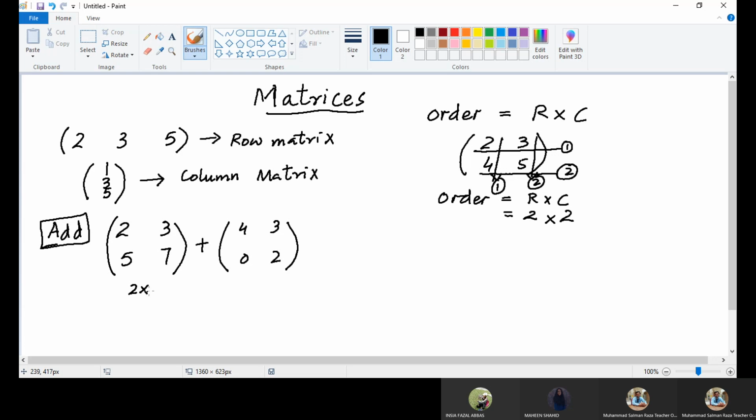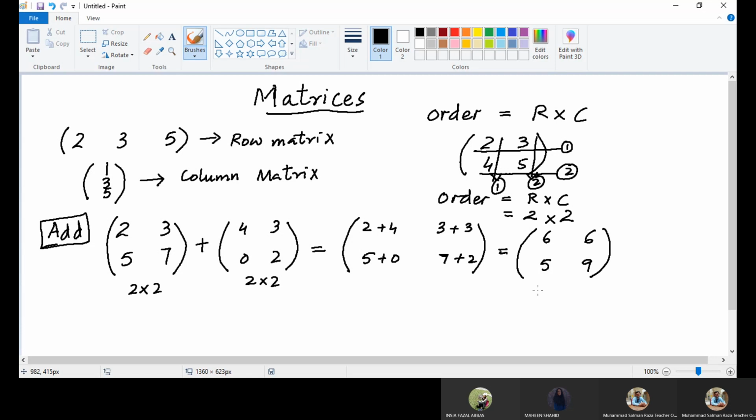Over here, we can see a 2 by 2 matrix, and over here, we can see a 2 by 2 matrix. Then we can add. Otherwise, we cannot add them. So how do we add? We need to add them correspondingly. So 2 will be added to 4, 3 will be added to 3, 5 will be added to 0, and 7 will be added to 2. And last but not the least, there comes your final answer, that is 6, 6, 5, 9. So this is how we add them up.